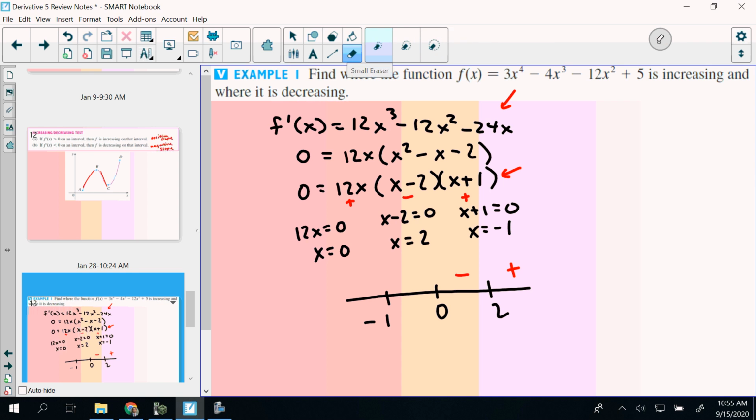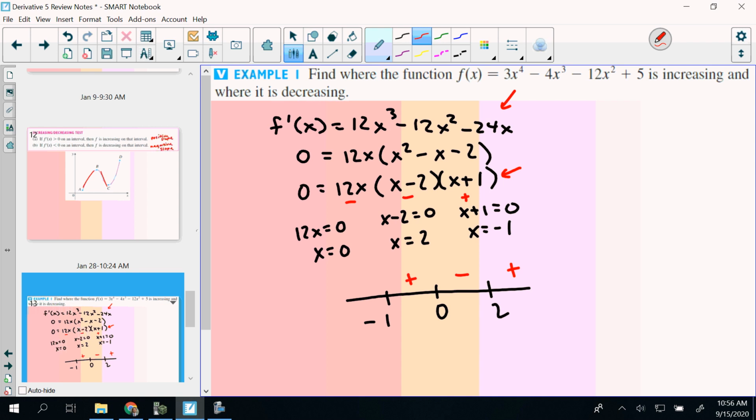There's no whole number, so check a fraction like negative half. Negative half times 12 is going to come out to be a negative number. Negative half minus 2 is negative. Negative half plus 1, though, that's still positive, slightly positive. If we multiply 2 negatives, that's a positive, times another positive, should come out to be a positive result.